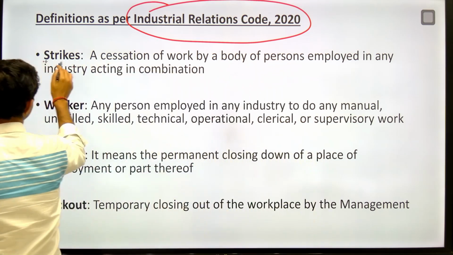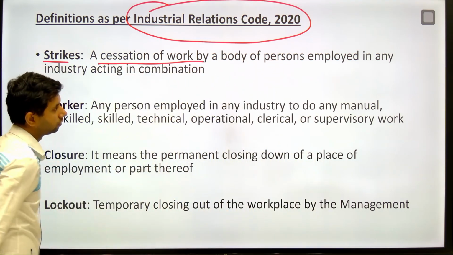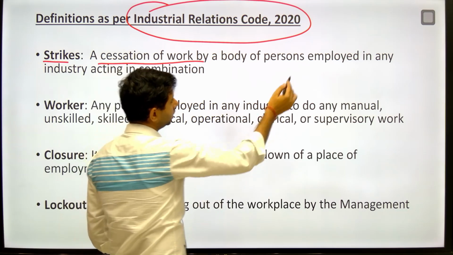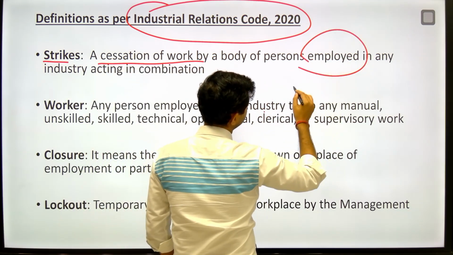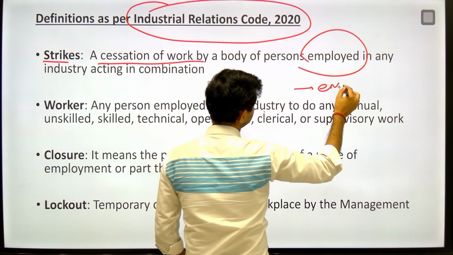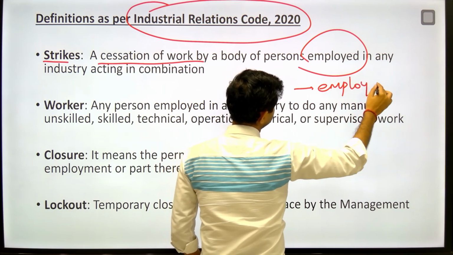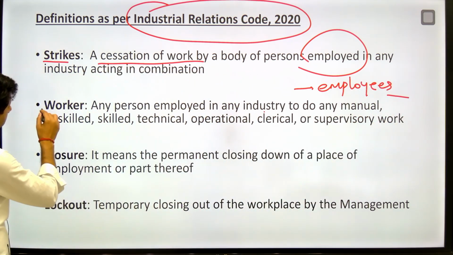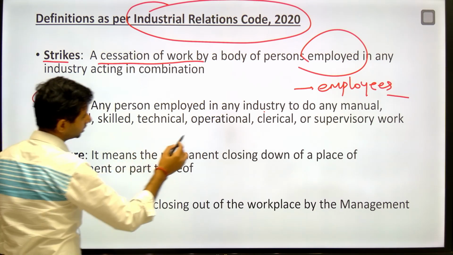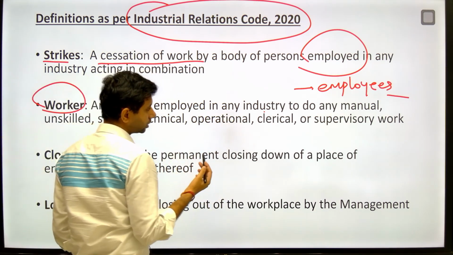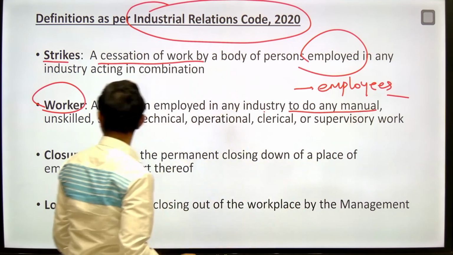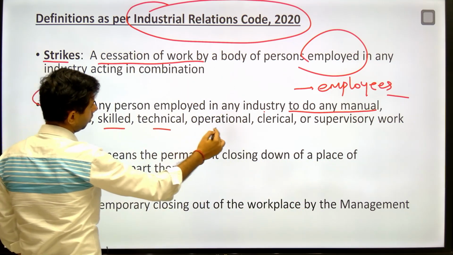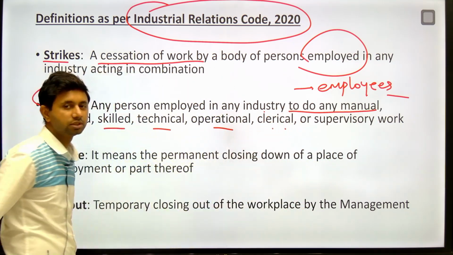So by strike we mean cessation of work by a body of persons employed in any industry. So that means cessation of work done by employees. Whereas worker is defined as a person working in any industry to do any manual, unskilled, skilled, technical, operational, clerical and supervisory work.